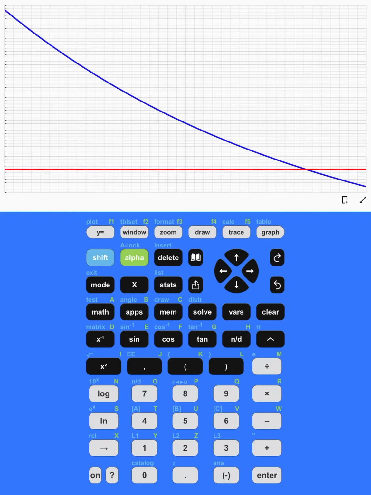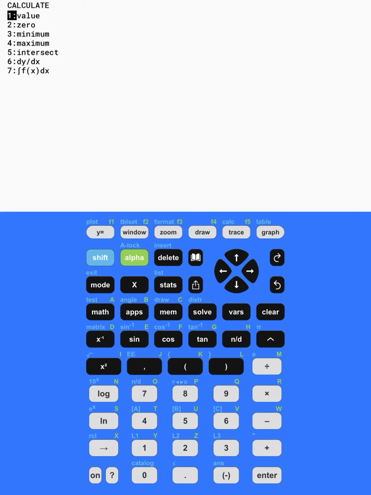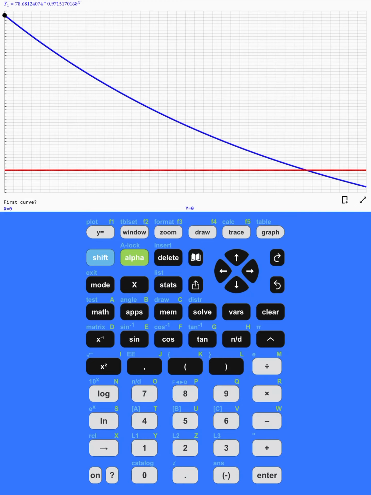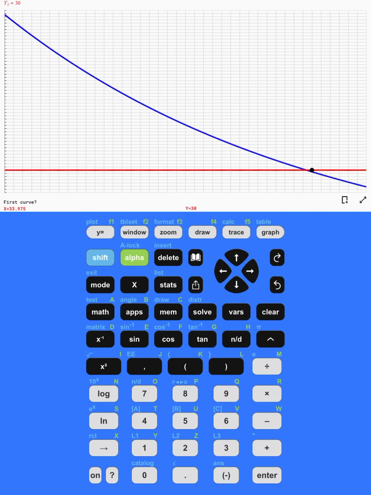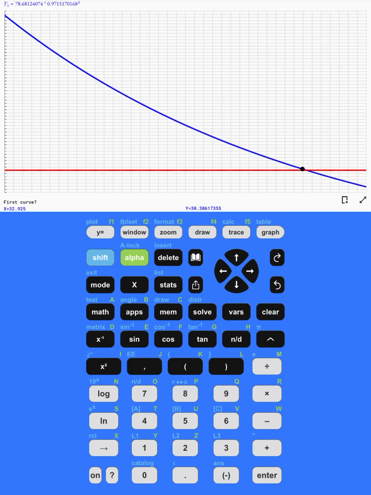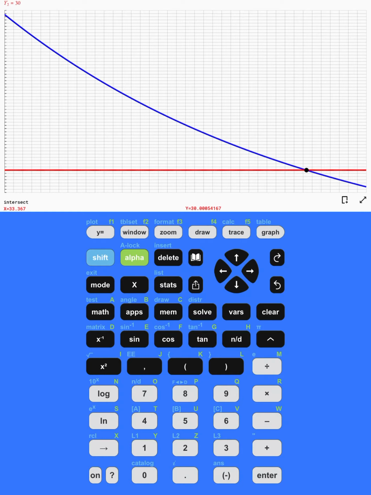So once you can see an intersection, you're going to press second trace. You're going to go to number 5. You're going to move your cursor until you're as close as possible to that intersection. And then you're going to press enter 3 times. And what that should do is give you an answer. It says to the nearest minute, so the x coordinate is your answer.